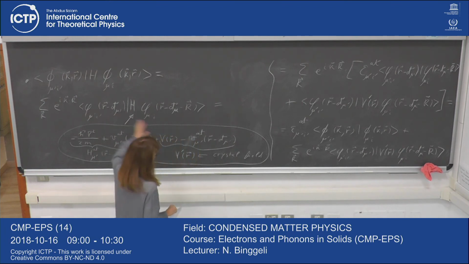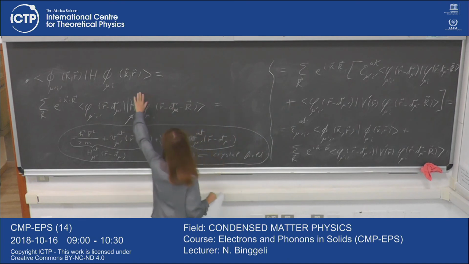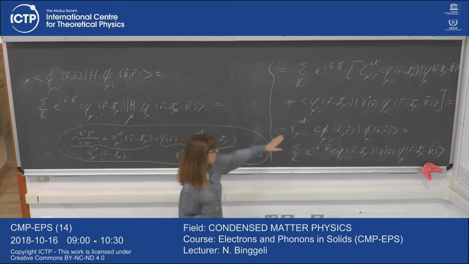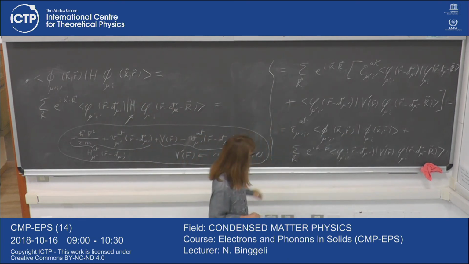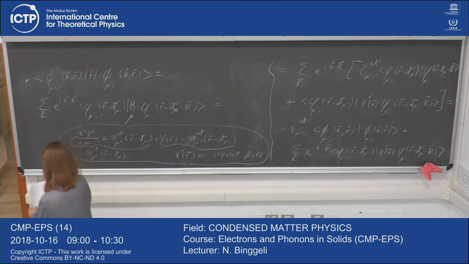So basically I obtain first the atomic energy and the overlap between the basis functions, and then I obtain the second part, where I have to sum over the direct lattice vector.